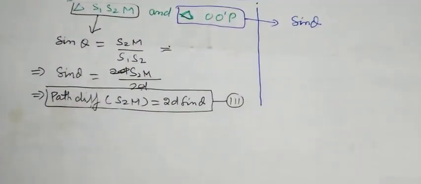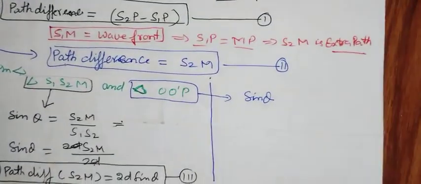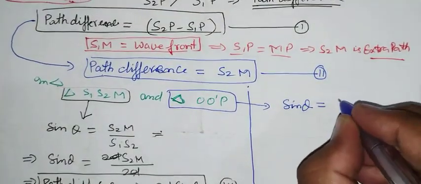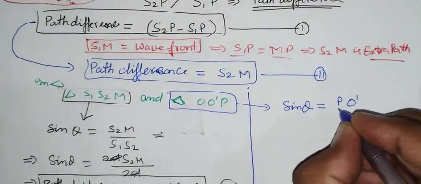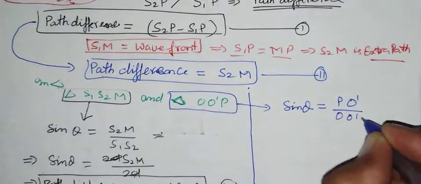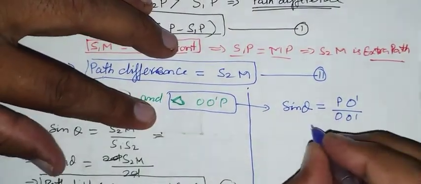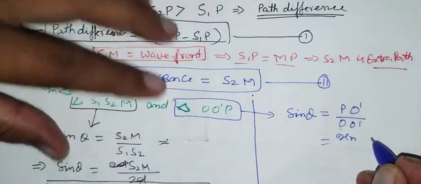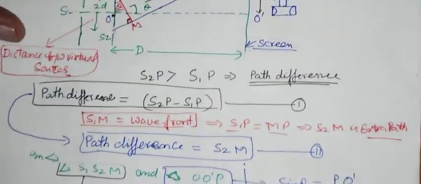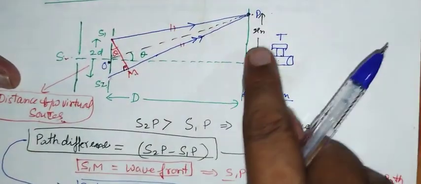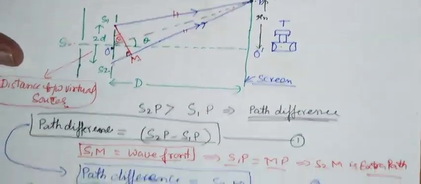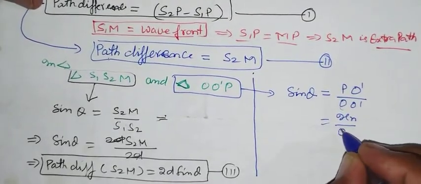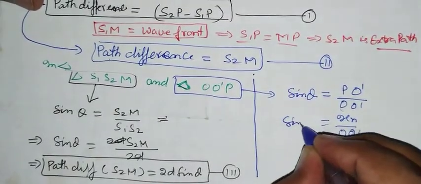So one may write sin theta is equal to PO dash by OP. Since this PO dash we have taken in the diagram as xn, sin theta is xn by OP.